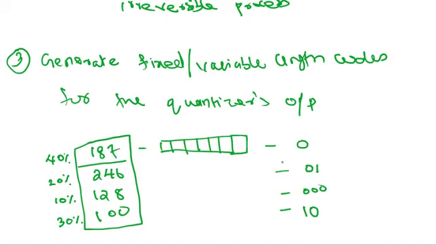This is the case of variable length coding. If you give fixed length coding such as 0, 0, 0, 1, 1, 0, 1, 1, this will also do the process. But most of the time we prefer variable length coding because it can reduce the amount of data used to represent an image. So this is the purpose of a symbol coder: to generate the fixed or variable length code for the quantizer's output values. Then these output values will be stored as the compressed image.